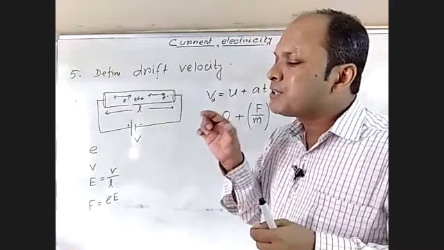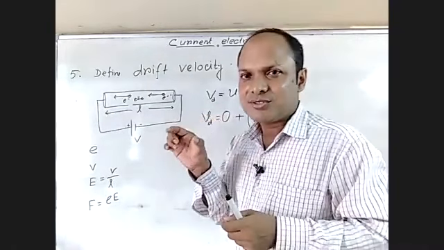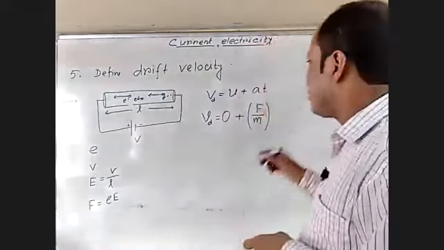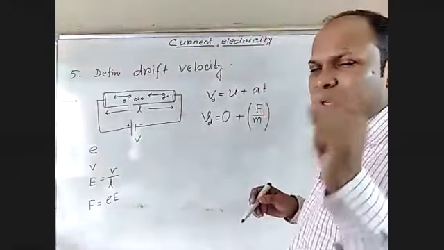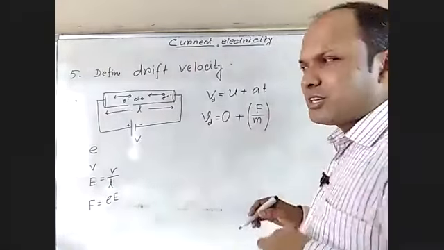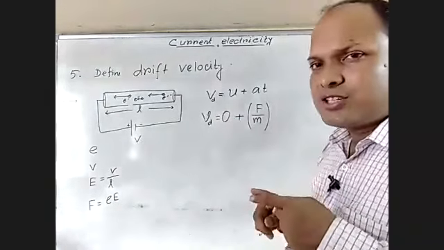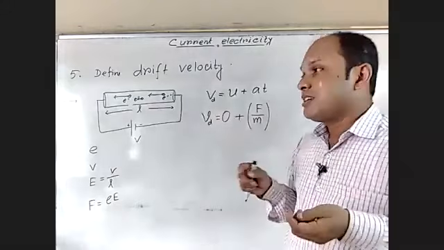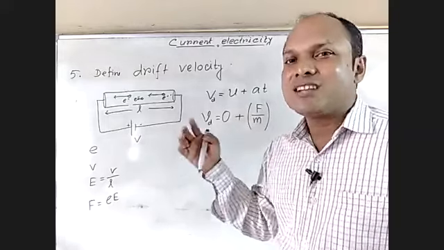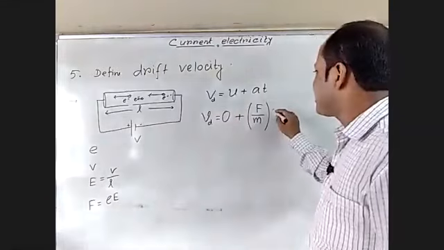The time difference between two successive collisions of an electron is called relaxation time. That means between the two collisions, the electron was in relaxed mode. That is termed as tau.